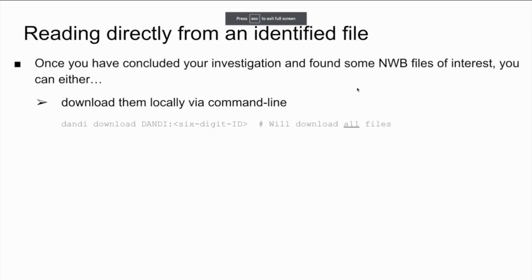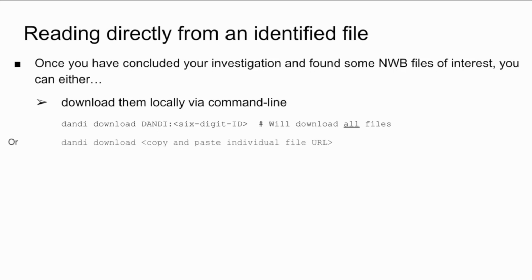Okay, so once you've found a DANDI set that looks interesting to you and you want to investigate the contents, again, I am obligated to tell you, you can download the entire DANDI set using the same command you use during the upload process, just dandi download, DANDI:, the 6-digit identifier. That will download all of the files.